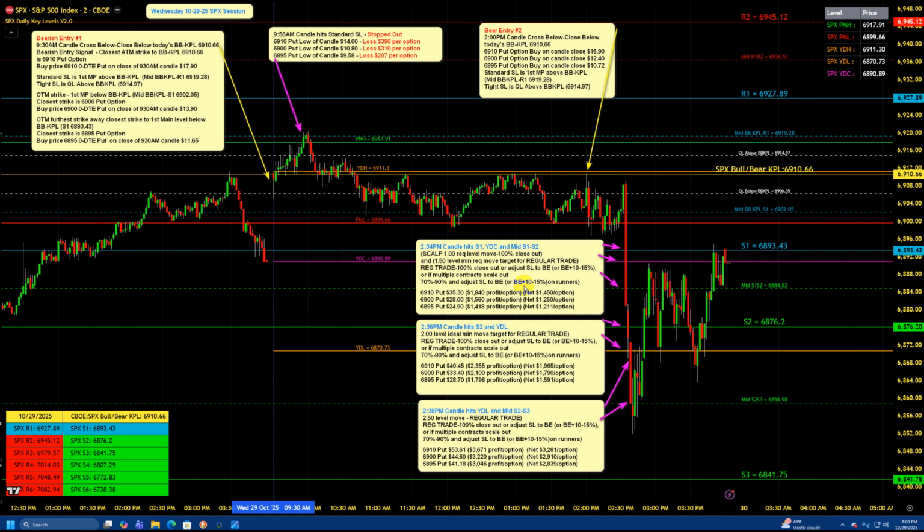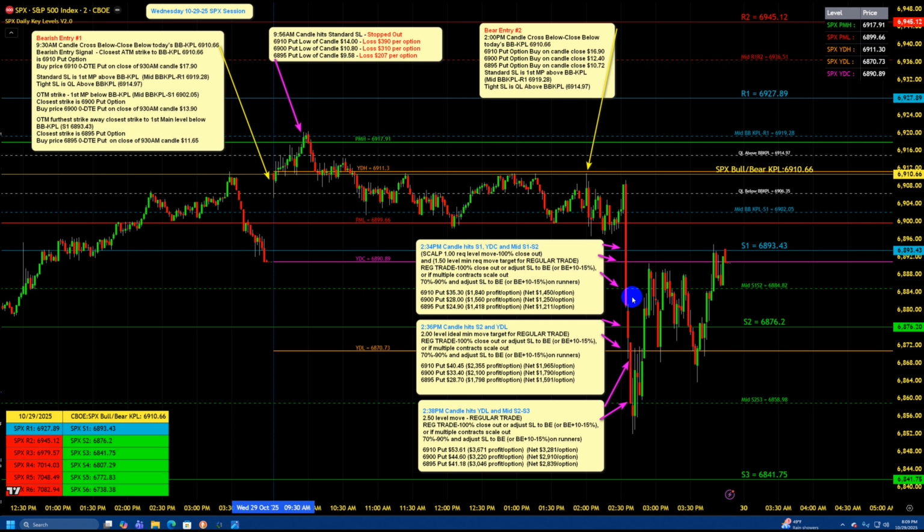If you had 3 contracts and you sold 2 of them, that's technically just under 70%, about 66.67%, and you would still only have 1 contract left. So on the contracts you have left, if you took the scaling out route, you would adjust your stop loss to break even or break even plus a 10 to 15% profit buffer on any remaining runners.